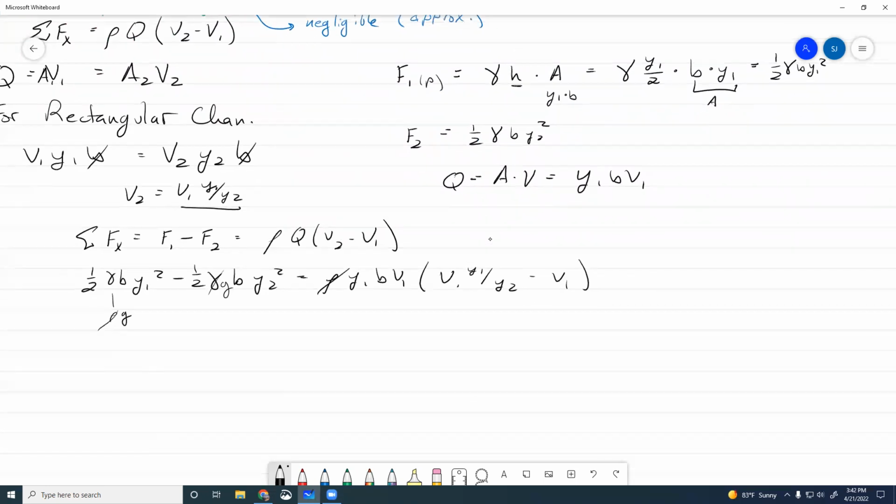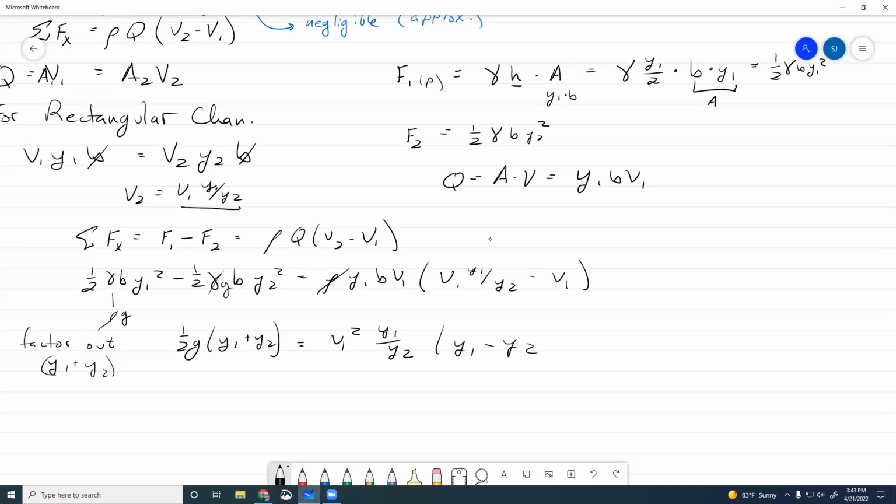So if you end up with some intermediate thing where you have 1/2 g (y1 plus y2), and here we're factoring out a (y1 plus y2), that ends up equaling a V1 squared y1 over y2 times (y1 minus y2).